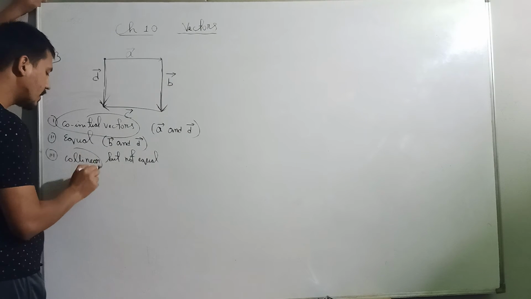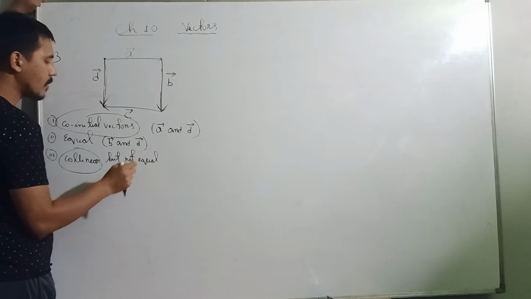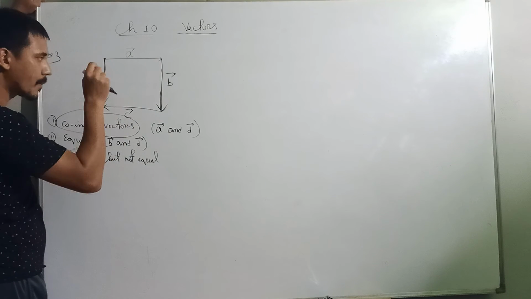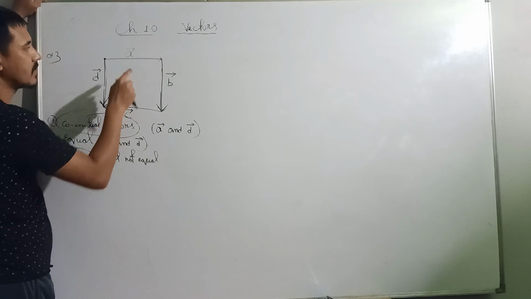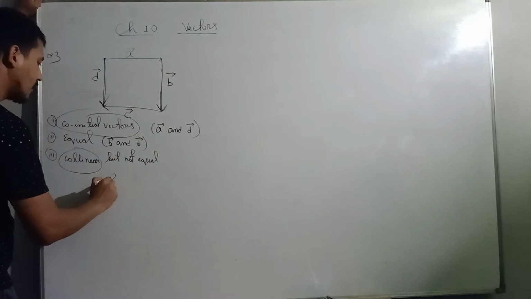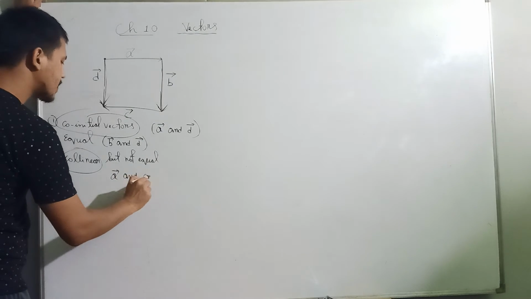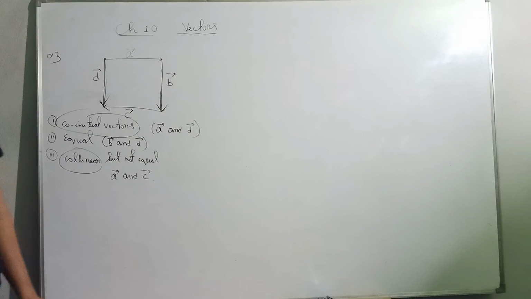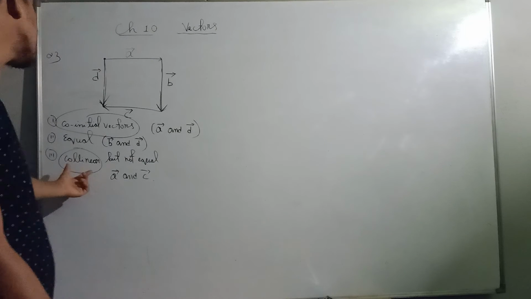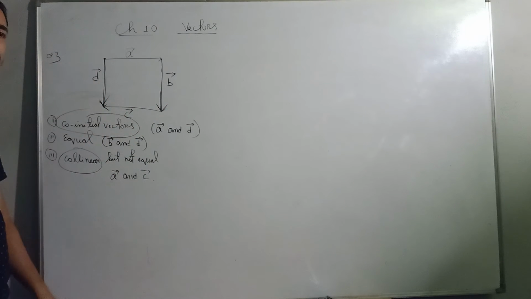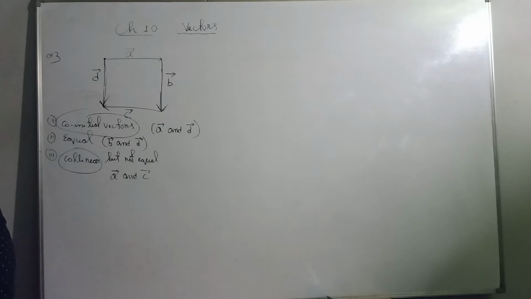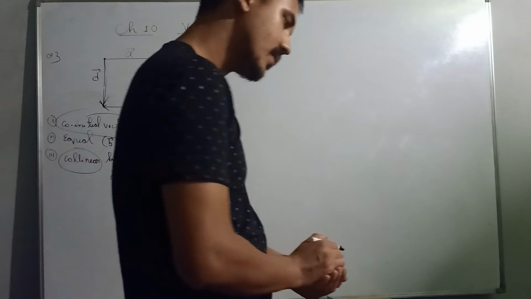So if I want a collinear vector but not equal, then we have to think of vectors which are parallel but in opposite direction. That is vector A and C. Vector A and vector C are collinear because they are parallel, but they have opposite direction, so not equal. If they only said collinear, then you could write B and D also. But due to the condition of not equal, we cannot write B and D. Yes, next one.